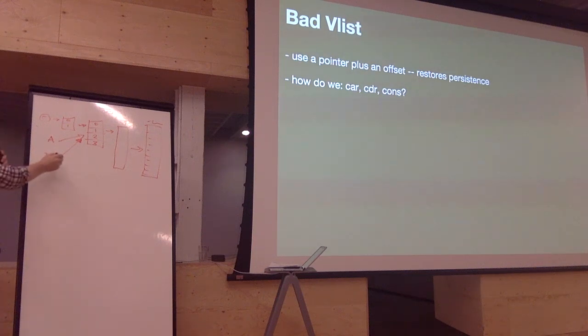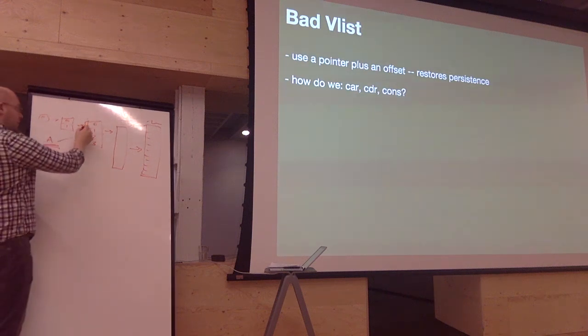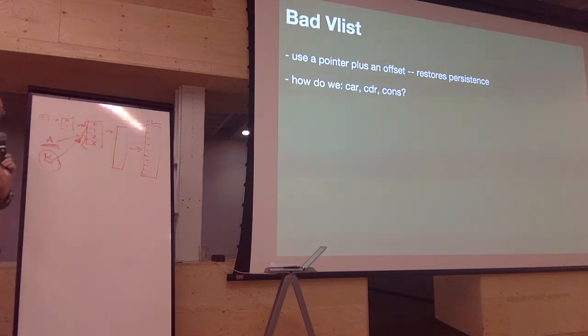So I've made a change to B, I can observe that change in A, because A is just pointing to this list in general, and I've lost persistence, which we really don't want to do in a functional programming language. We would very much like changes to B to not affect A, because we want to think of our data as being immutable, because that gives us all kinds of nice properties and guarantees.